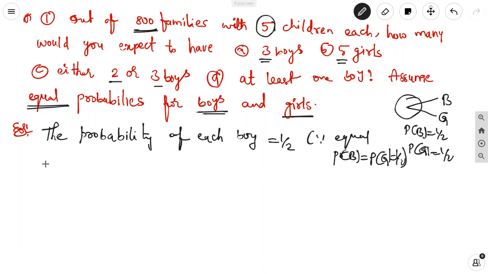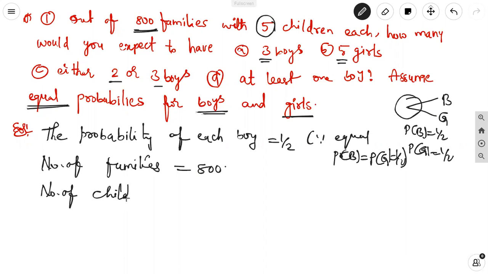Here, number of families is equal to 800. But we can take the number of children in each family. So, we are discussing the children. So, number of children, let it be small n is equal to 5.